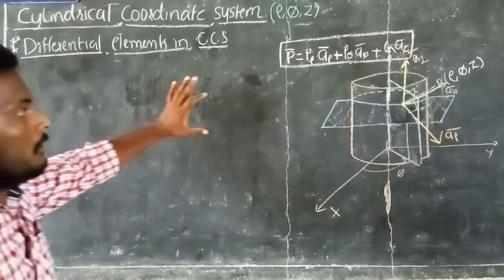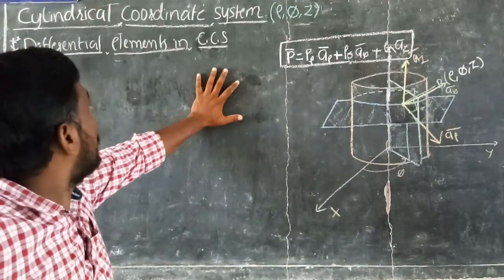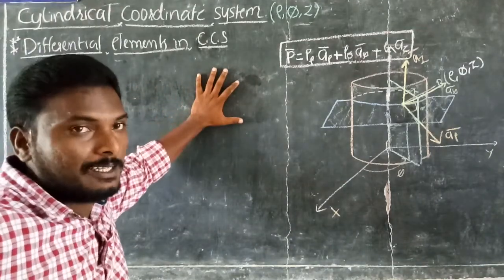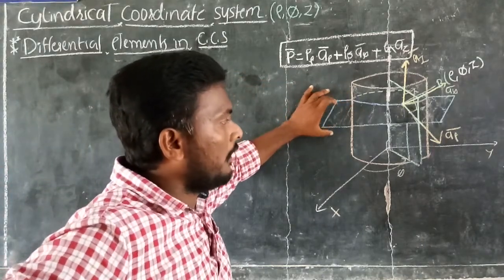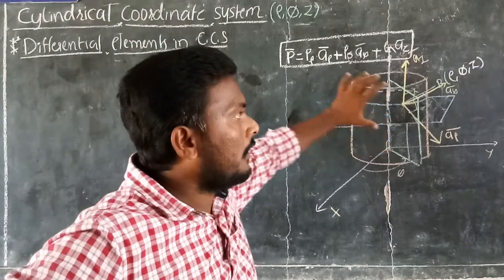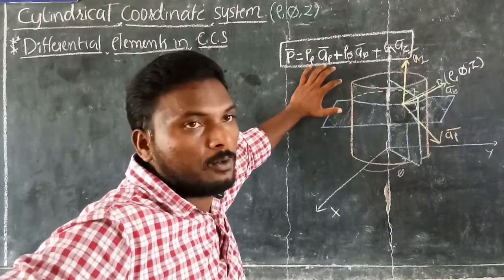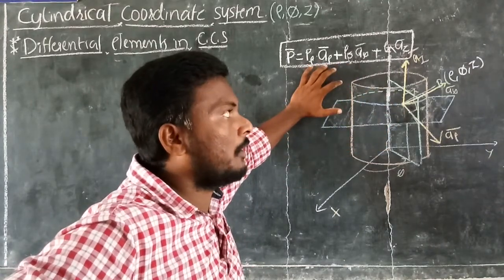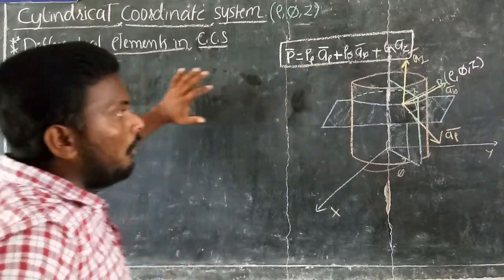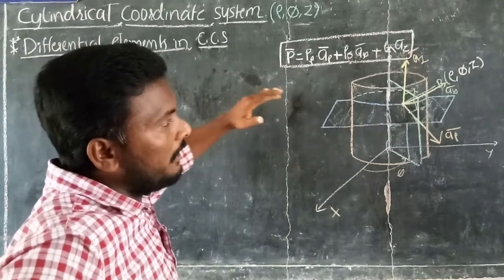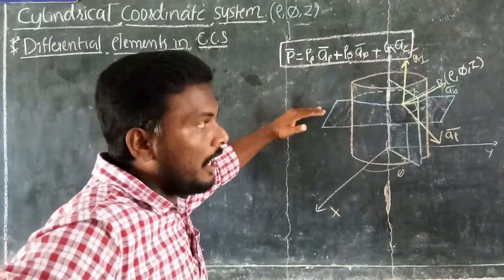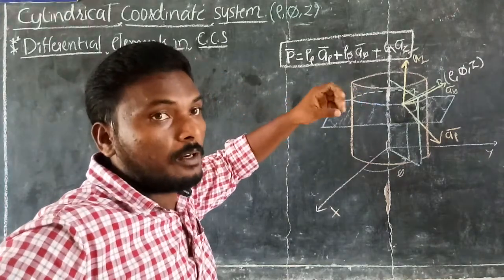See, the surfaces which are used to define cylindrical coordinate system are three. That is a cylinder, a constant z plane, and a half plane. They are having their respective coordinates, which are rho, comma, phi, comma, z.